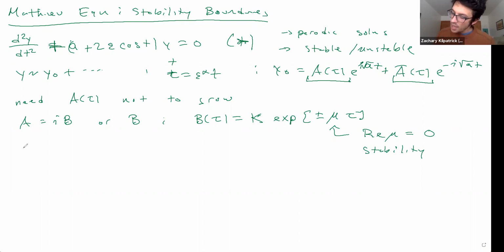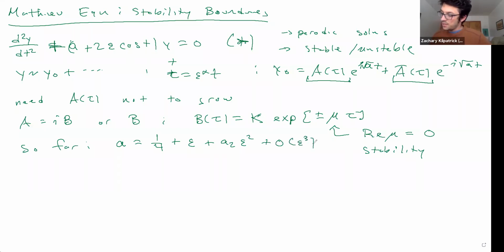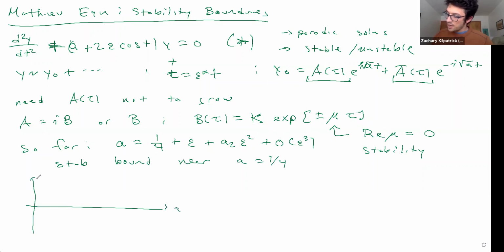And so far, right, we found that a equals 1/4 plus epsilon plus A2 epsilon squared plus some order epsilon cubed terms are going to be the stability boundary near a equals 1/4. So we sort of drew this out here for a and epsilon.